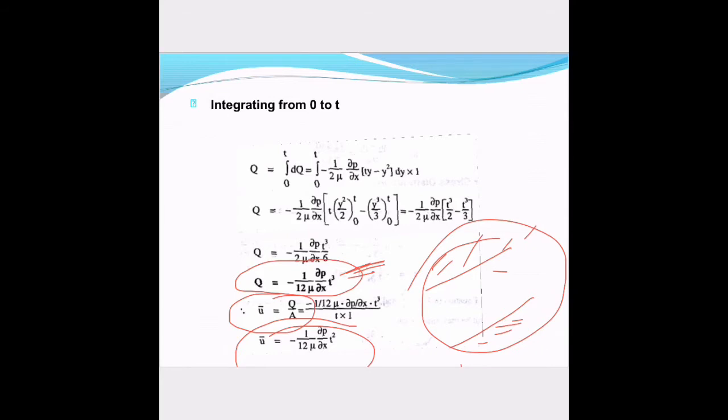Q you already have, minus 1 by 12 mu del p by del x t cube, and the area will be t into 1, because we have to consider the area perpendicular to the paper. So the thickness will be 1 and t is the length. We consider unit length.